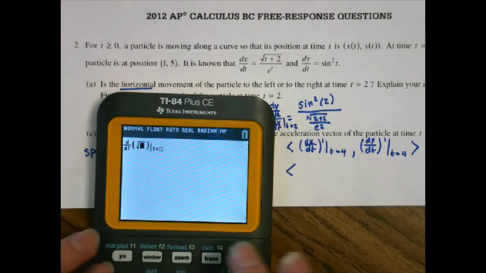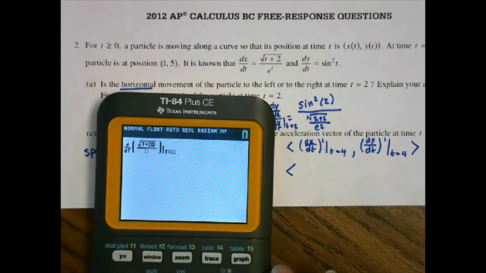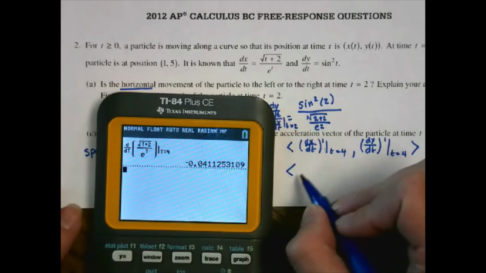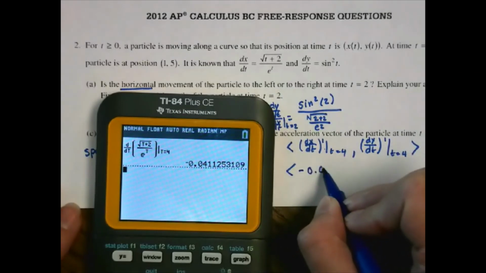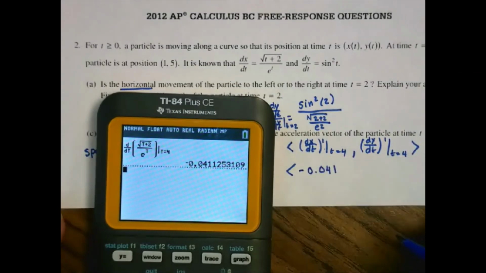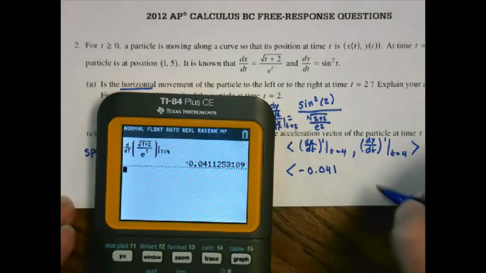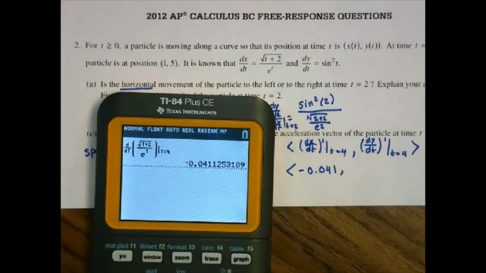So we want the square root of t plus 2 over e to the t, and we want to evaluate this at t equals 4. So that's a negative 0.041. So there's our 3 decimals. You can do more, but don't do less.